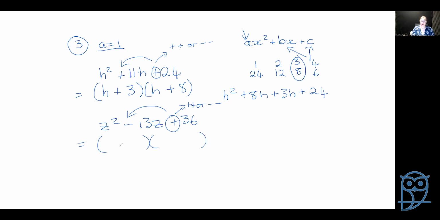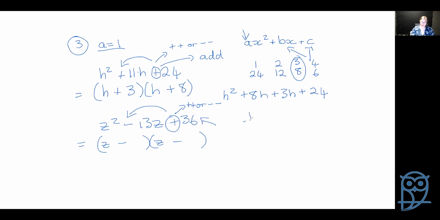So we can write in our brackets, z, z, and minus, minus. Okay. So far we're good. Because this is a plus, we know we need to add. So a plus tells us we need to add all the factors of 36.